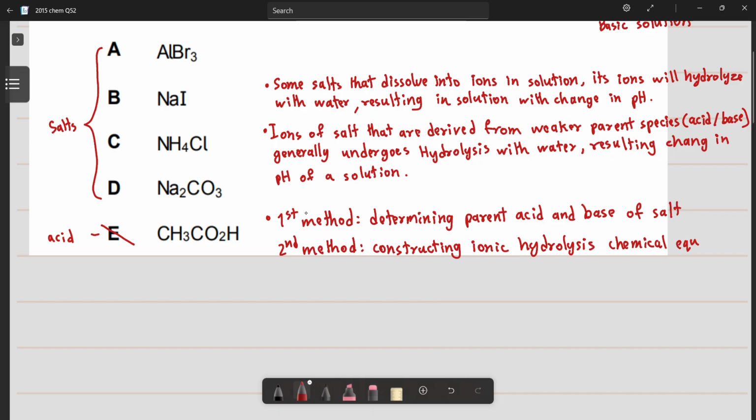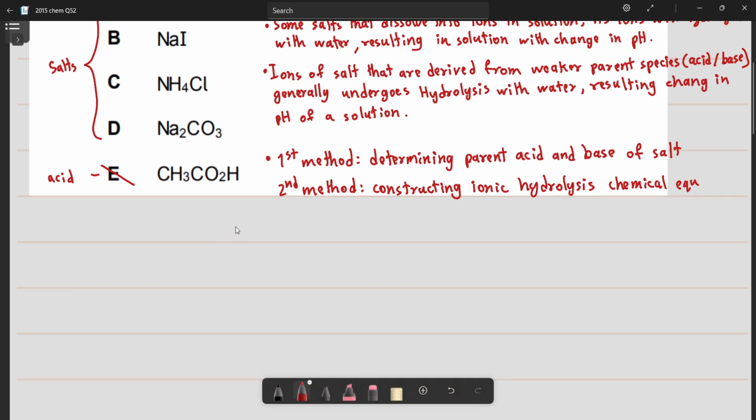The first method is we determine the parent acid and base species of a salt, so we must know the origin of the salt, from which type of acid or base the salt originated. The second method is that we construct the chemical equation for ionic hydrolysis. The ions of the salt react with water, forming products, and by its products we're going to determine and predict the pH of the resulting solution.